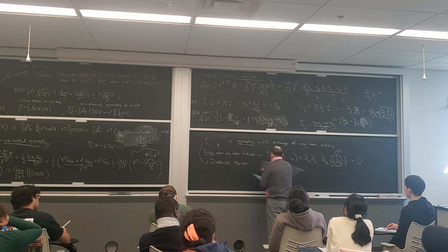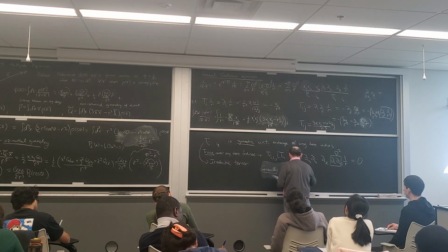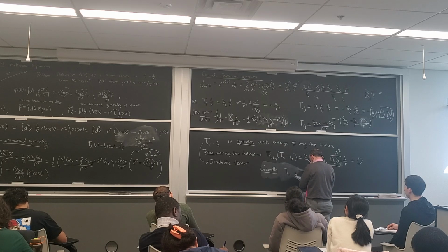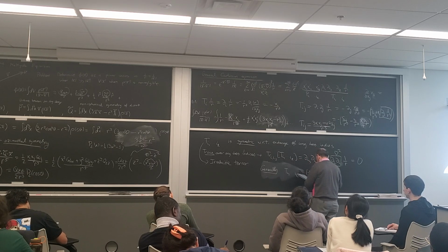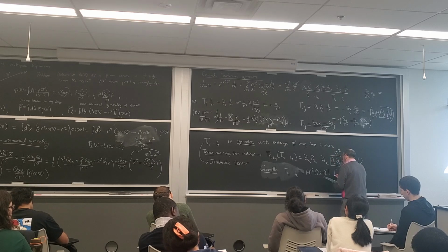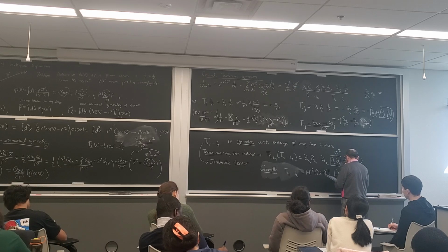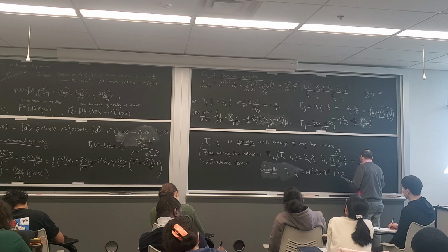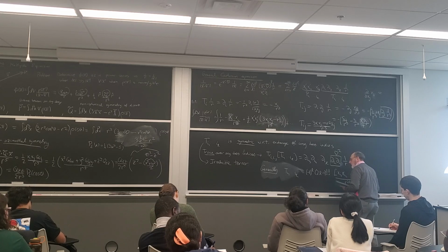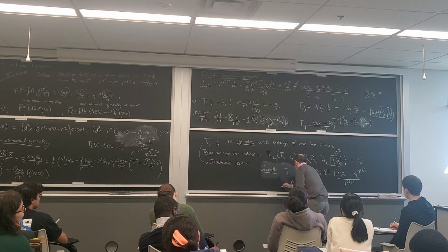Generally, this tensor has the following form: minus 1 to the L, over 2L minus 1 double factorial, times x1, x2, up to xL, the irreducible part of that, over r to the 2L plus 1.